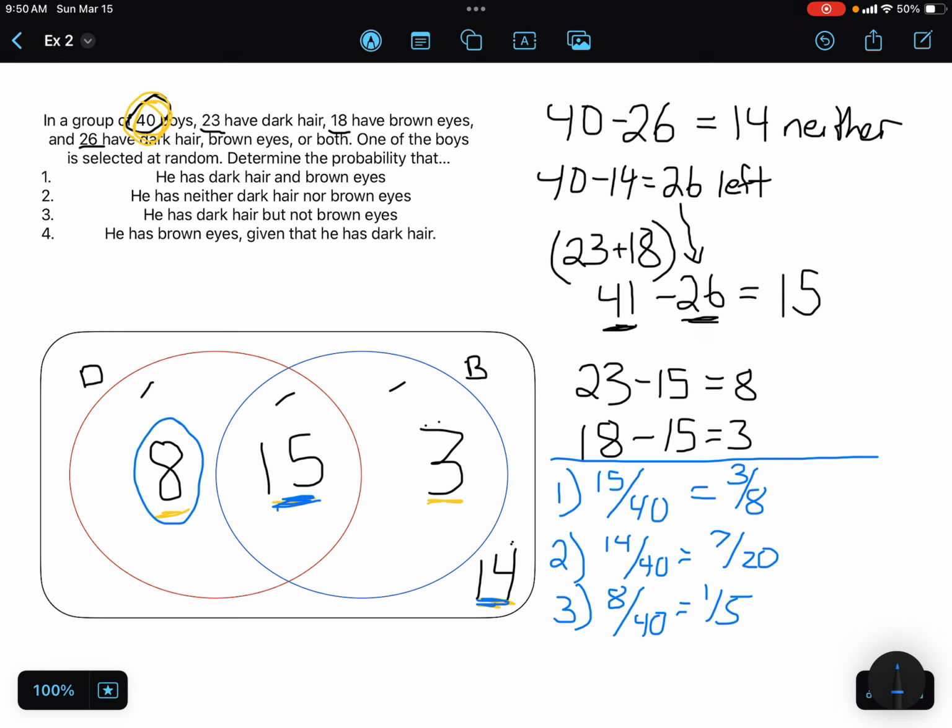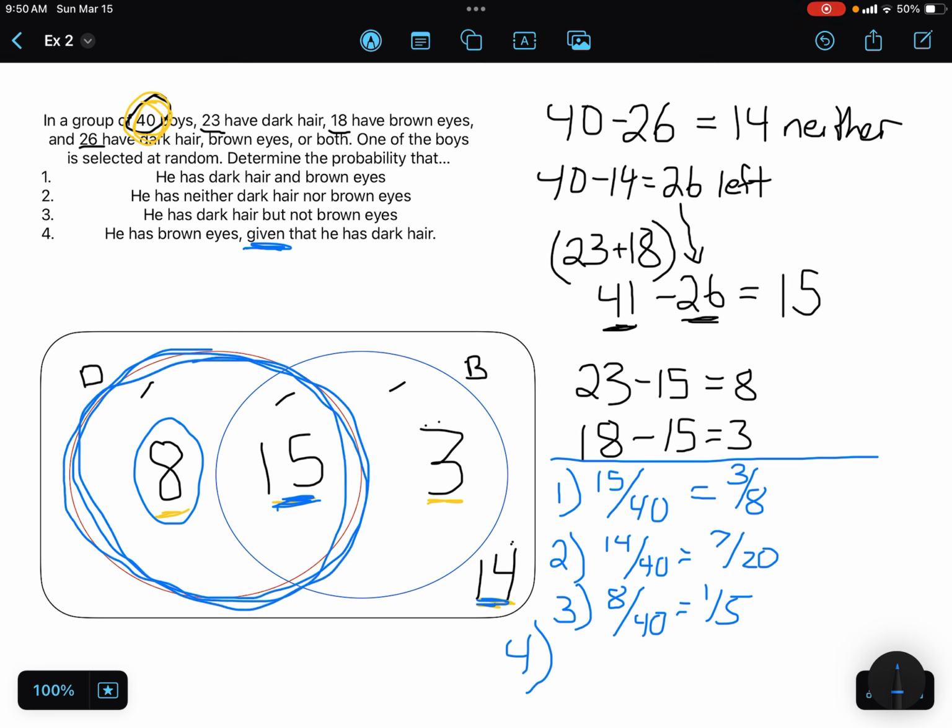Now 4 is interesting, and it brings up a point that you're going to see a lot. He has brown eyes given that he has dark hair. That given statement means we are reducing our pool. We are reducing the number of people that we are looking at. We are only looking at the dark-haired folks, which I am now circling many times in blue.